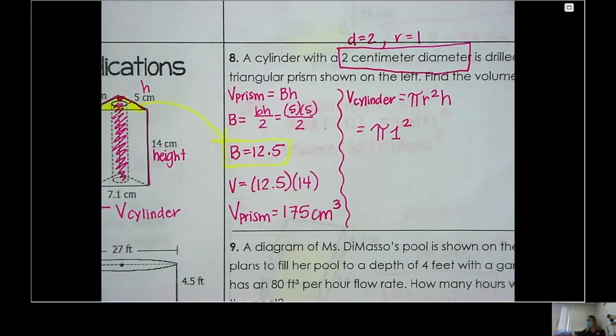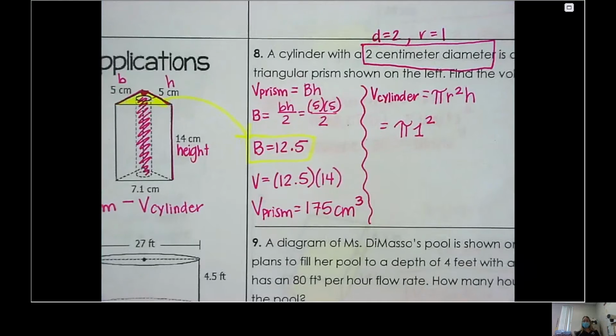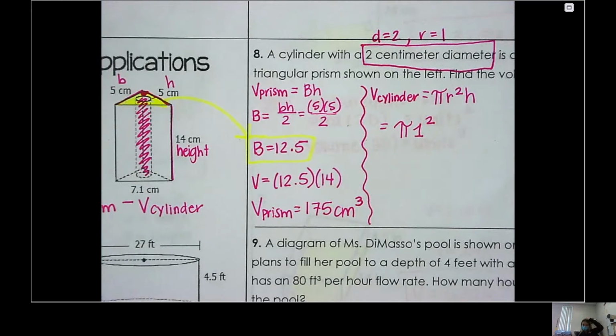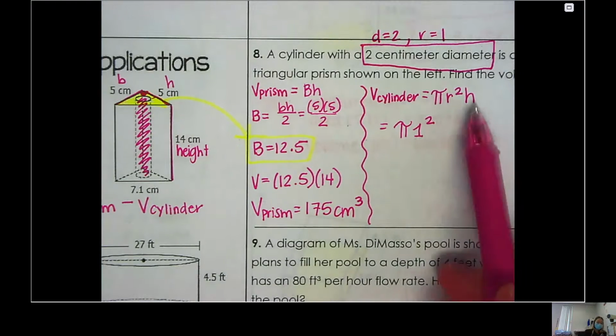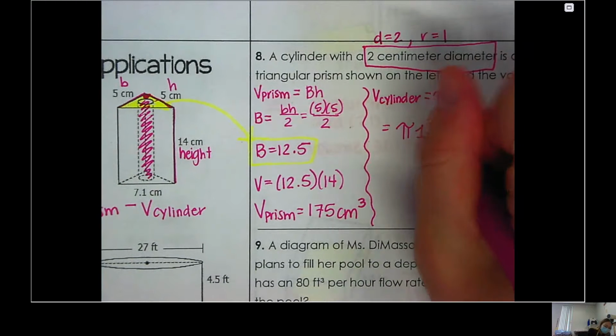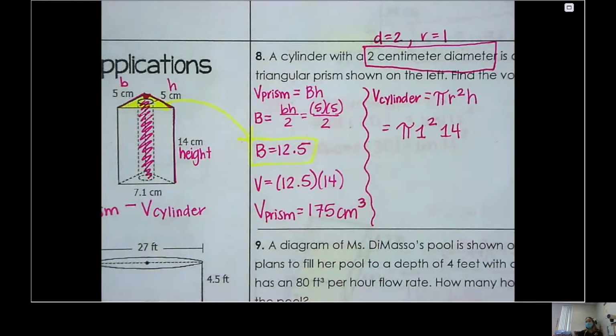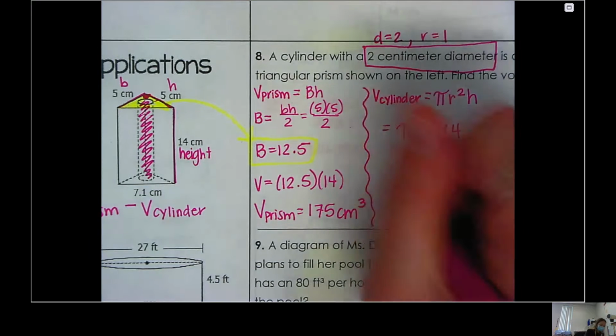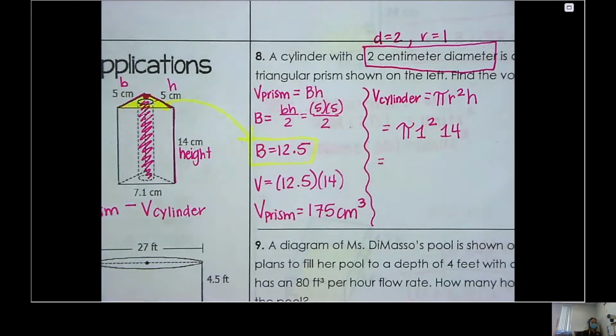Now I just need to plug in the height. What's the height of the cylinder? Yeah, it's the exact same height as the prism because I'm drilling it out of the prism, so it's the same height. So my height is 14. And now this just becomes a problem for your calculator. Now, let's think about this for a second, friends.